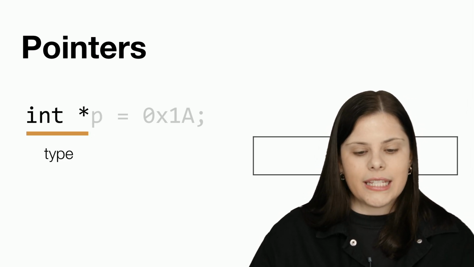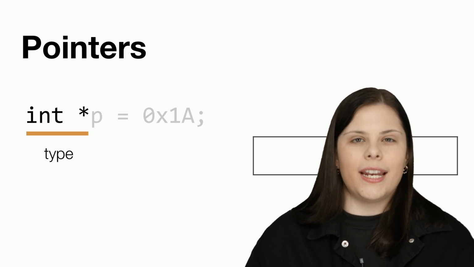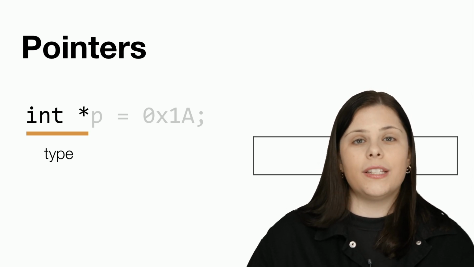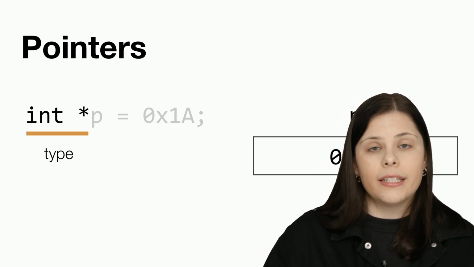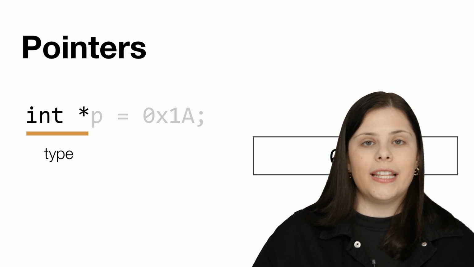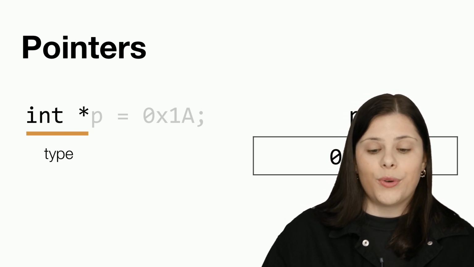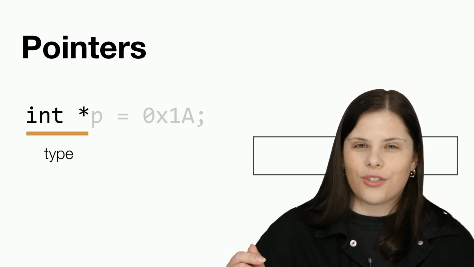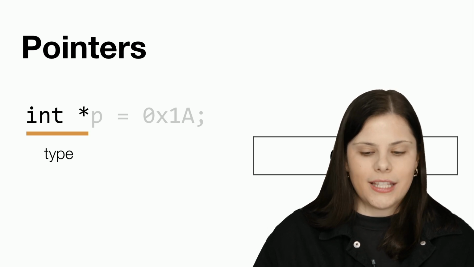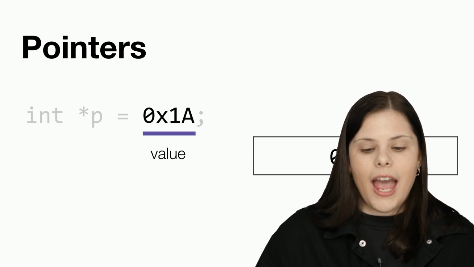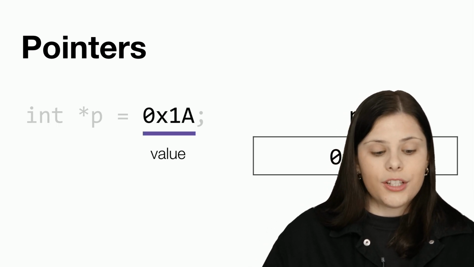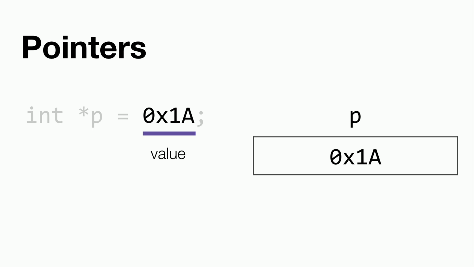The type is a pointer to an integer, right? The way that we define that is by having int come very first to define the data type that our variable is going to point to, and the asterisk right next to p is what makes this variable a pointer. And what do these pointers store? Well, they store addresses, right? You can now imagine this second box that now stores the address of variable calls.